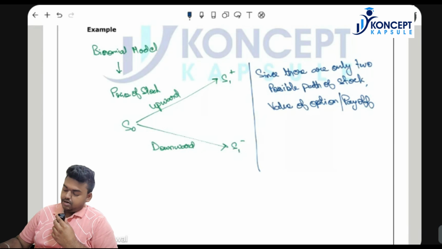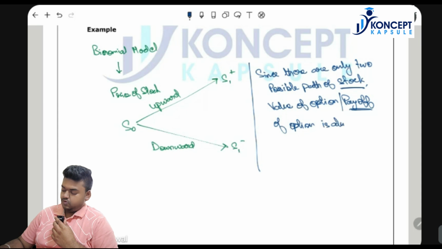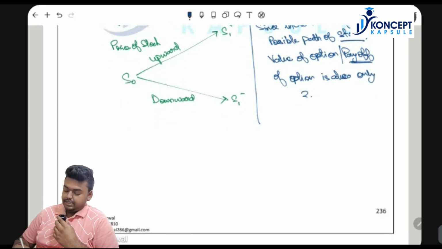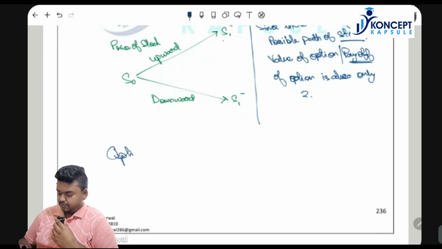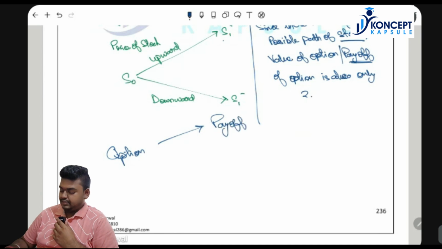So because of the possible paths of the stock, the payoff of an option is also only two. Basically, when the stock is moving from S0 to S1 plus and the stock is moving down from S0 to S1 minus, the option can also be payoff plus and payoff minus.